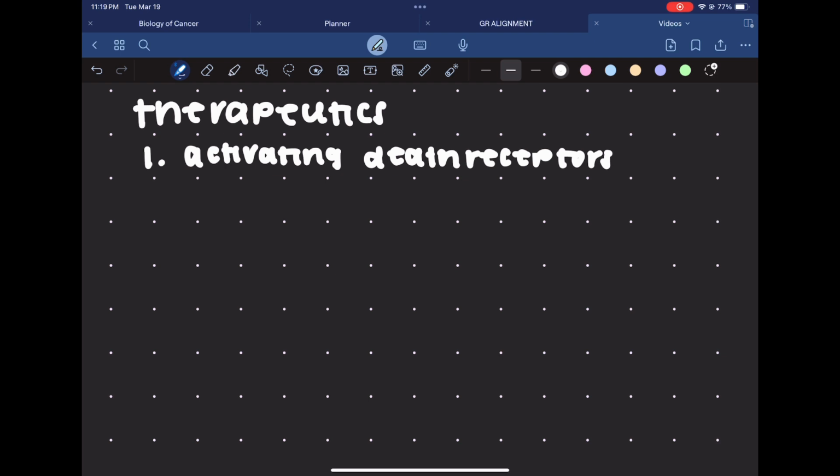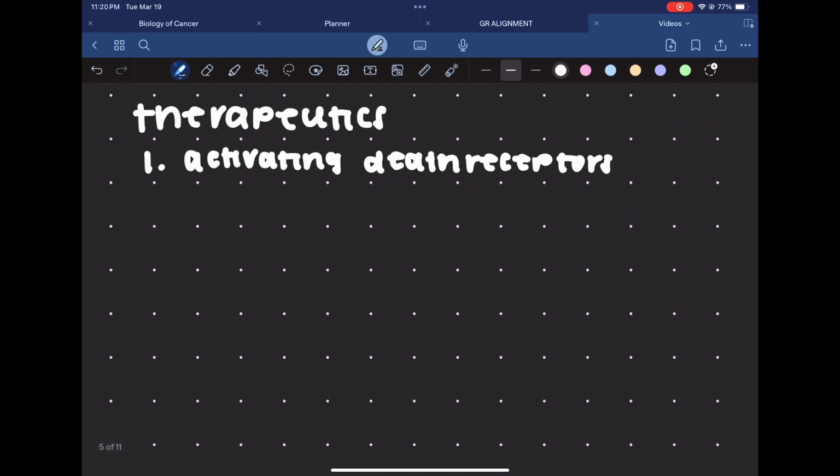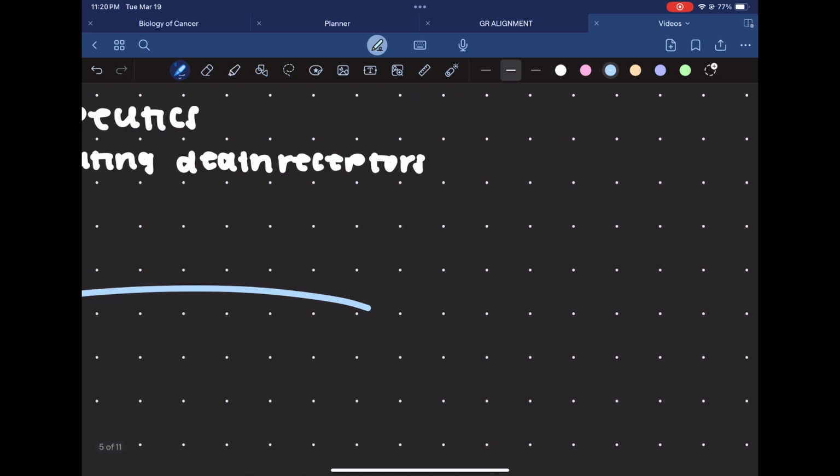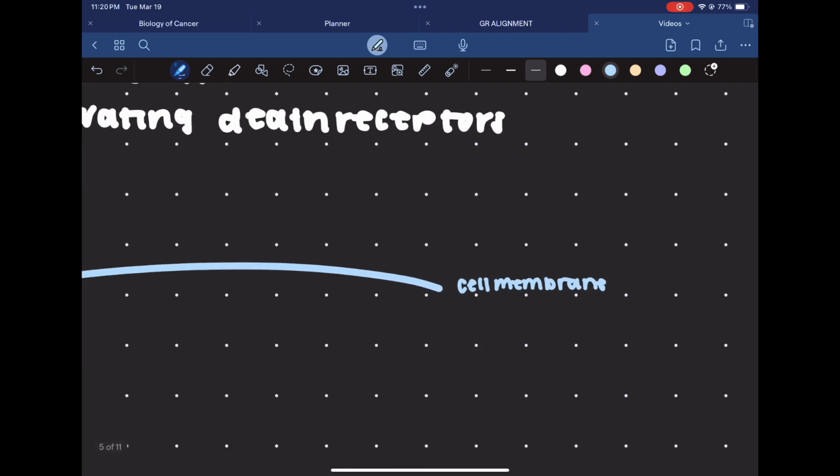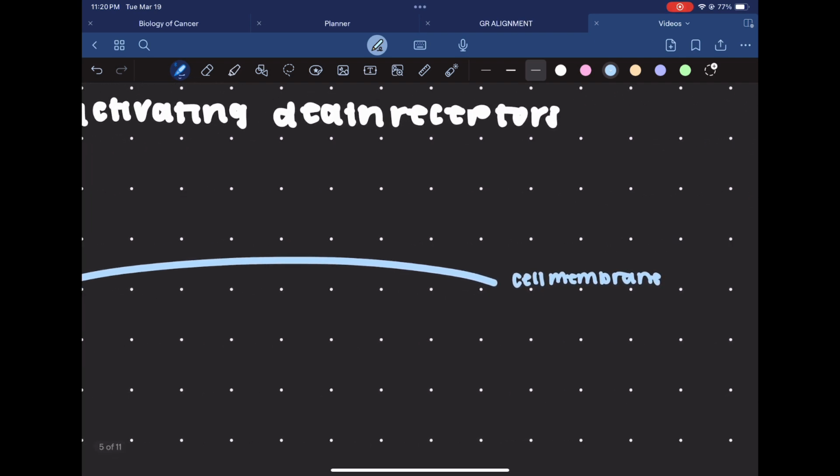Right, so in this case, let me just draw out my image for this. This is my cell membrane. And I'm going to have a TNF receptor.